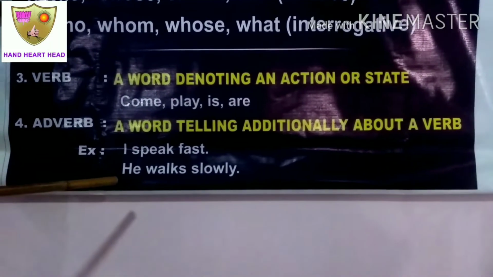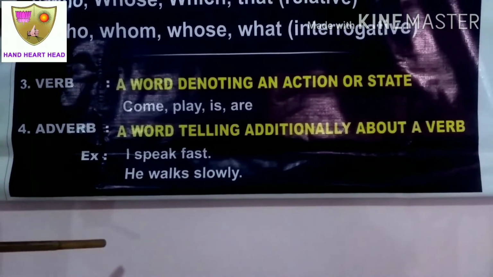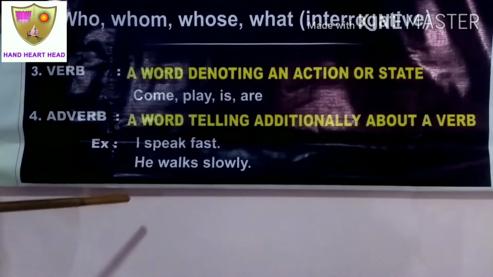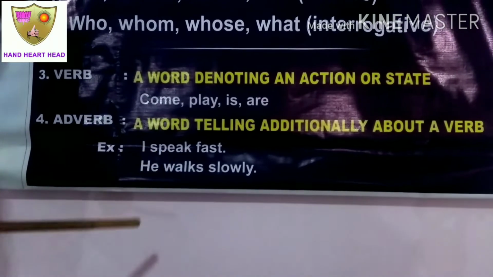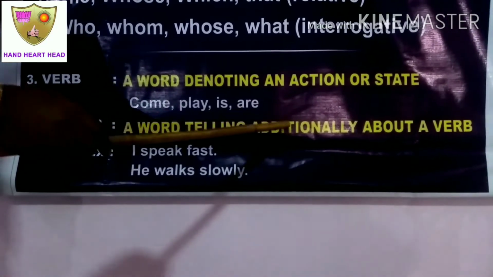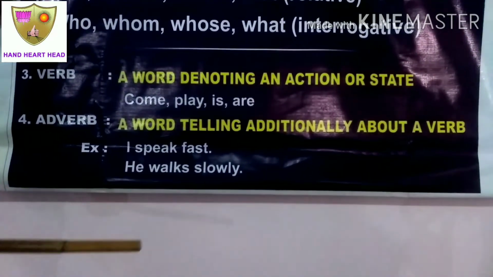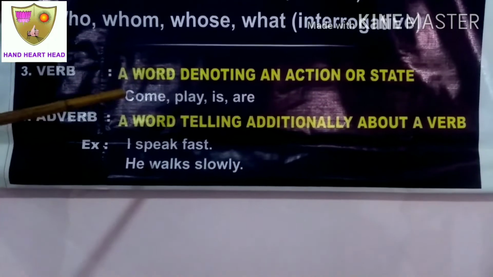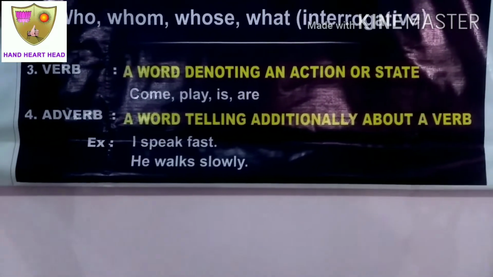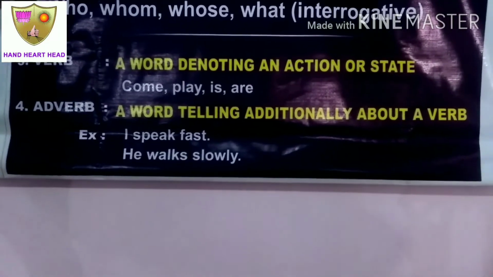He walks, அவன் நடக்கிறான். எப்படி நடக்கிறான்? Slowly. He walks slowly, மெதுவாக நடக்கிறான். So an adverb is a word telling additionally about a verb, describing about the verb is called the adverb. Fast, slowly என்பது adverb.